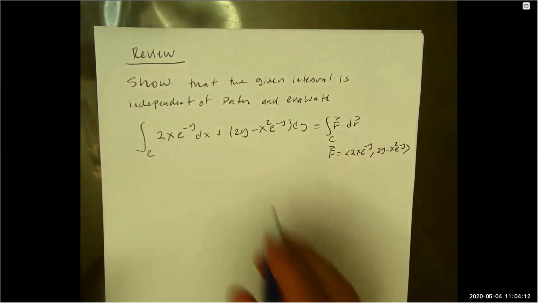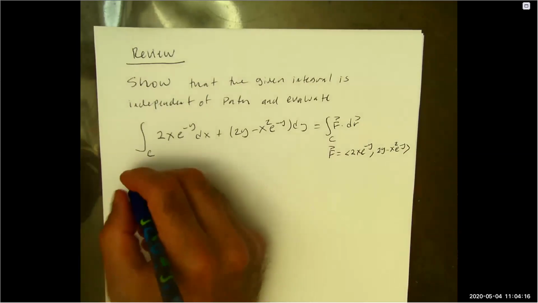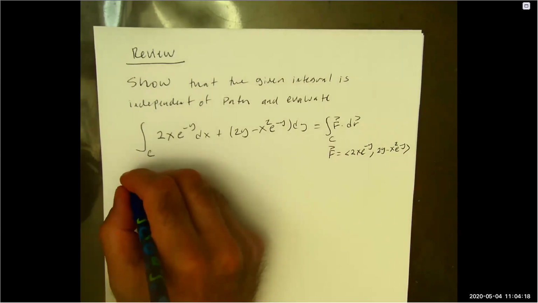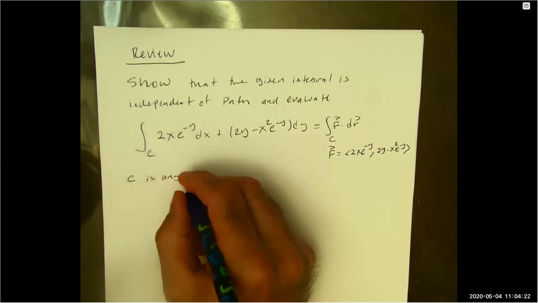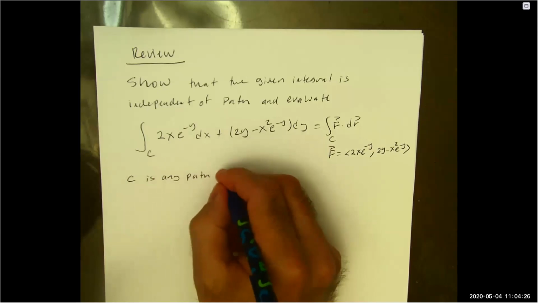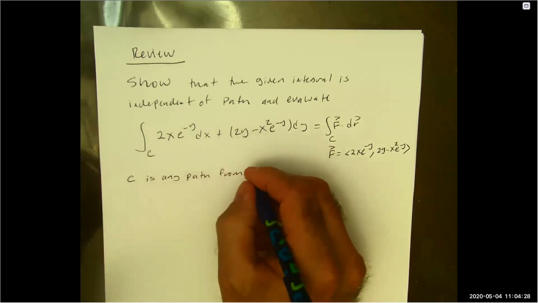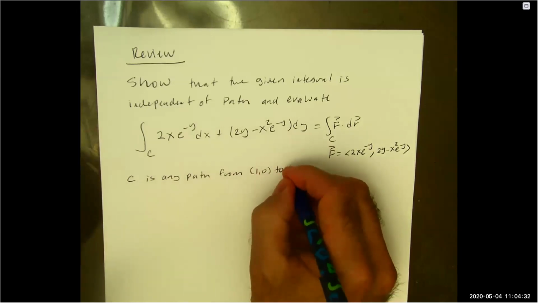And in this case, I just realized I forgot to write the last part of the problem, where C is any path from (1, 0) to (2, 1).